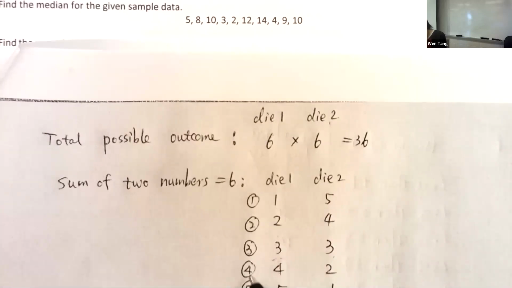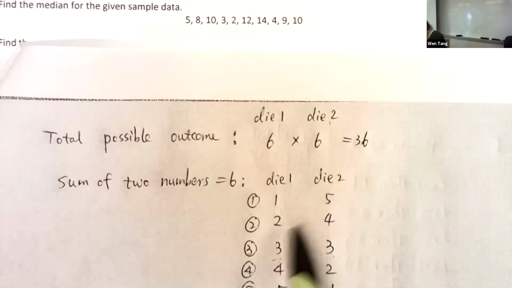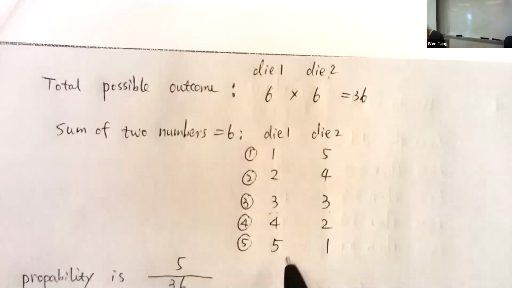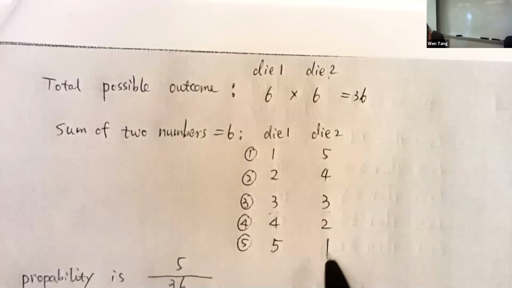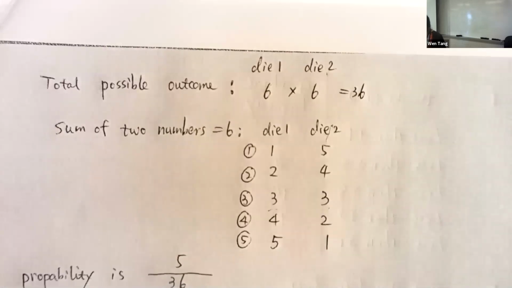The next one will be 4, 2. 2, 4 and 4, 2 are not the same, because the order changes, die 1, die 2. And the last one will be 5, 1: die 1 gets 5 and die 2 gets 1. So in total, we have 5 cases.